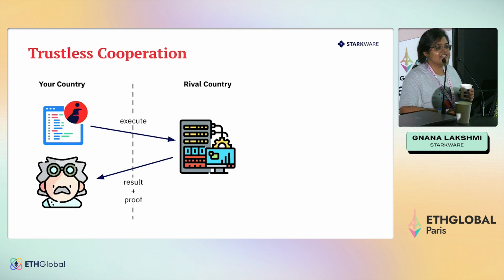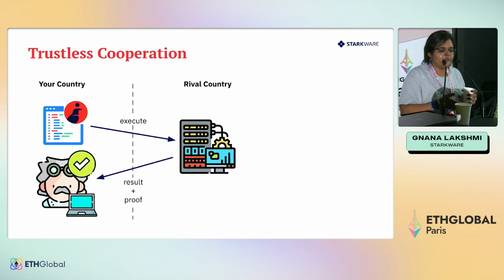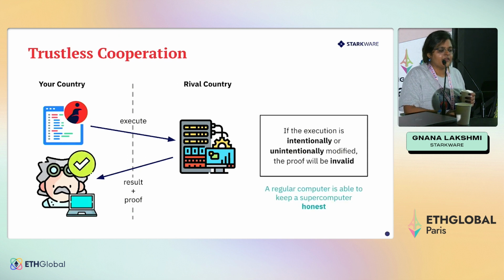Now, this slide actually has a little bit more context, but because of the shorter workshop today, imagine if this supercomputer exists in a rival country and you have given them a piece of code to execute, right? You want them to give you the result and you want to make sure that the result is accurate. If the rival country tries to manipulate the result, whether it was intentional or unintentional, you will come to know because along with the result, a proof is generated.